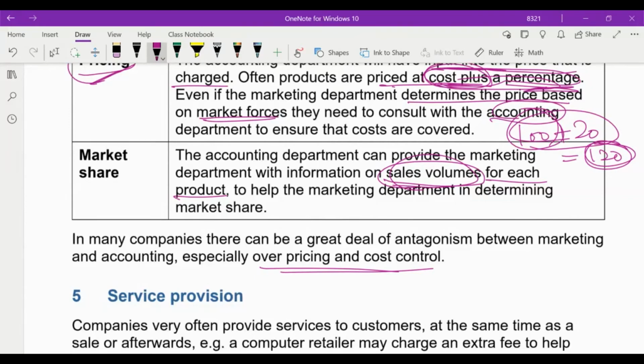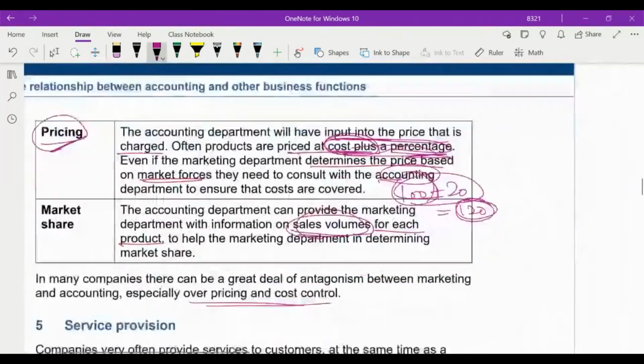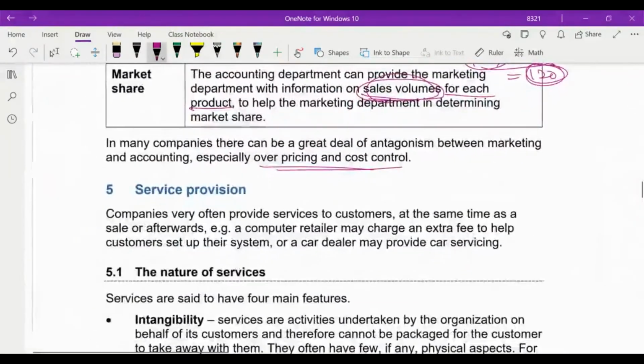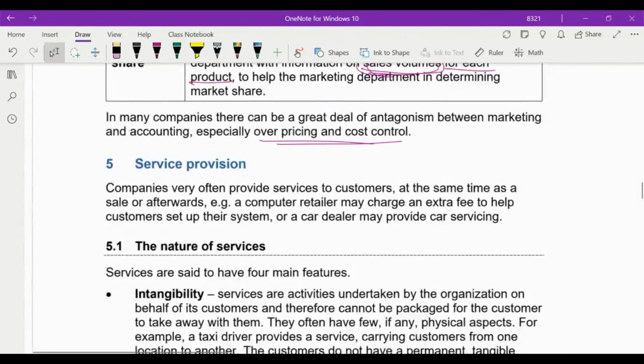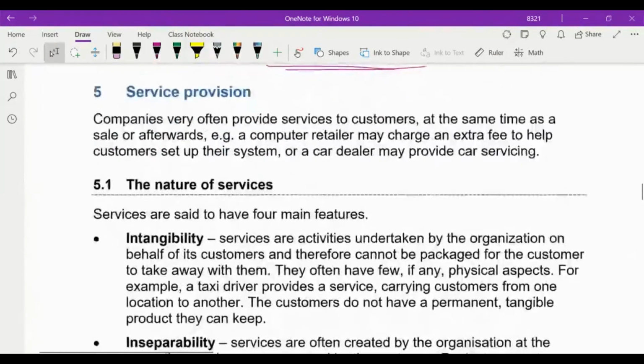So you can say there will be a conflict of objectives. The marketing department's objective is to increase the sales or the turnover, but the accounting department's objective will be to increase the profitability. So there's a difference of objectives. That's why there can be antagonism between the marketing and accounting departments.